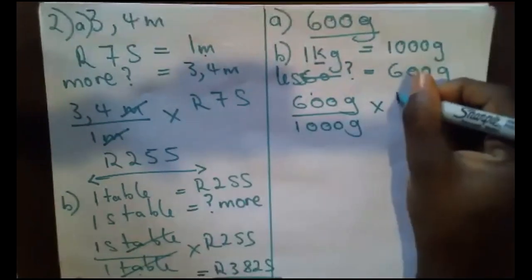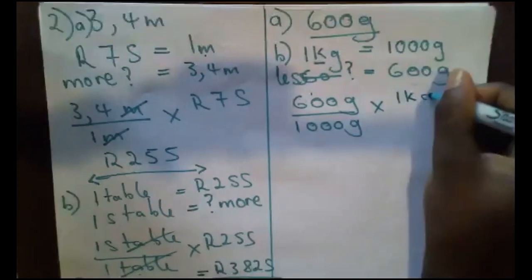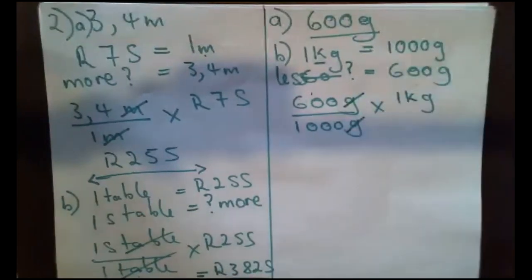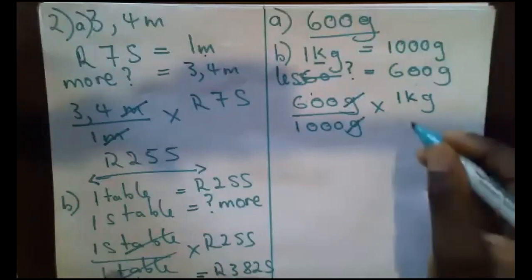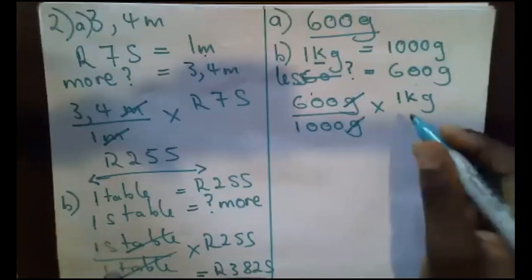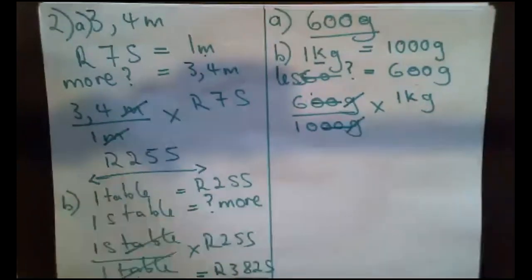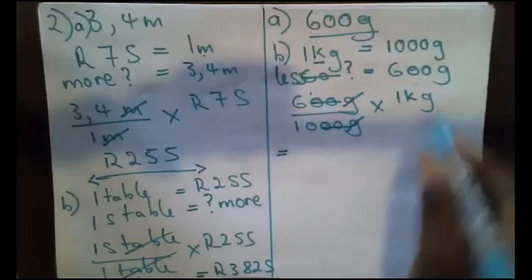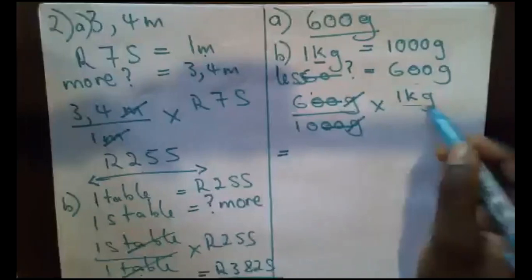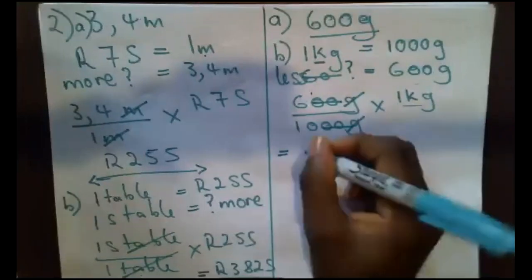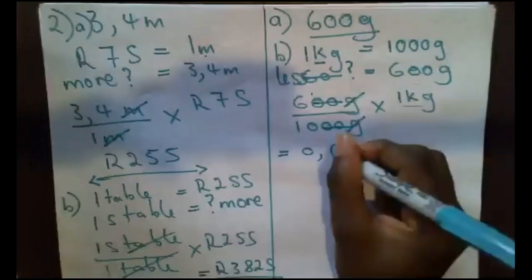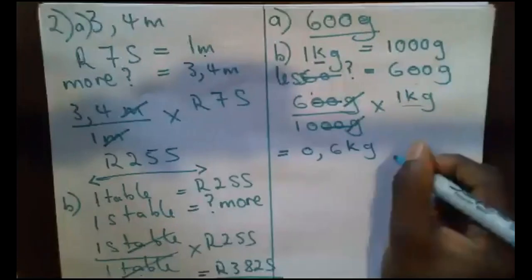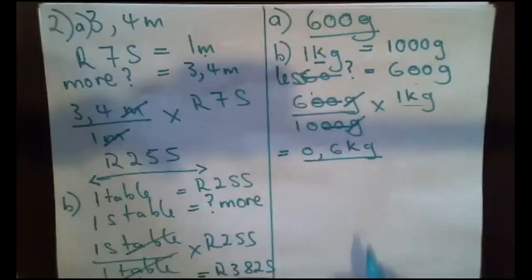So we have a smaller number over a bigger number, multiplied by the quantity. Kgs and kgs cancel out, so we no longer have kgs. These two zeros and these two zeros cancel out. So we are left with 6/10 kg, which is 0.6 kg.